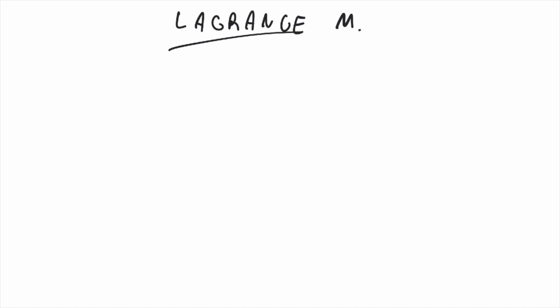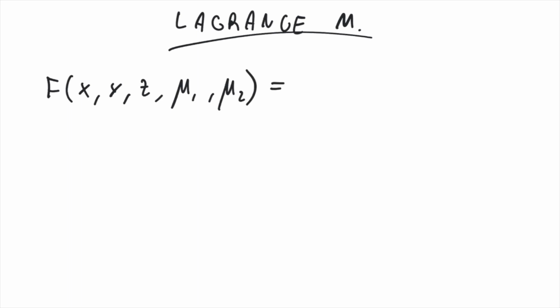This method basically states that we need to define the function f, which depends on the coordinates of the point x, y, z. And because we have two constraints, we will add two multipliers, mu1 and mu2. And this function will be defined as the quantity that we want to minimize, in this case the square distance, which is just the norm of p squared, plus each constraint multiplied by the equation that we require to solve.